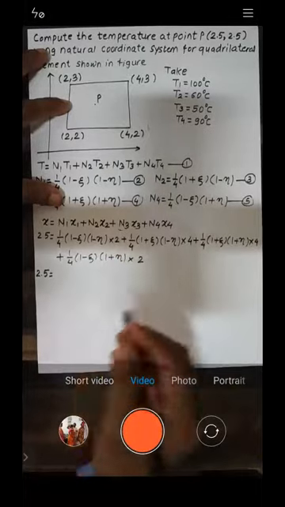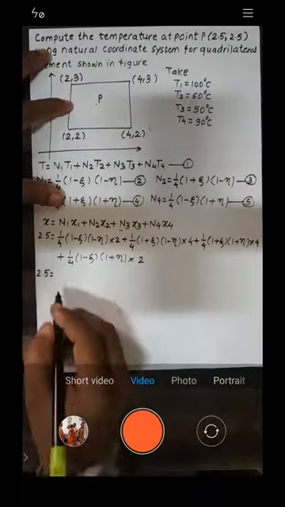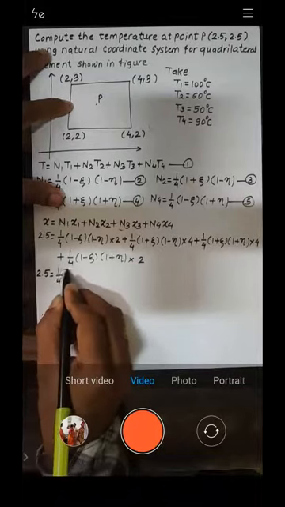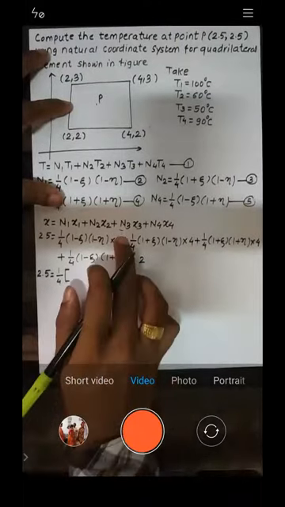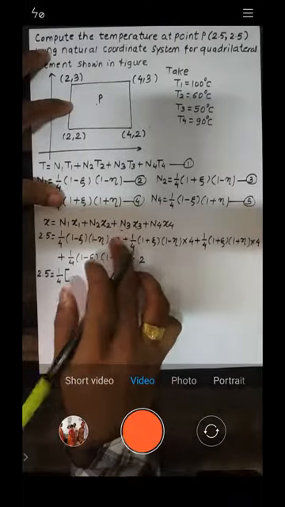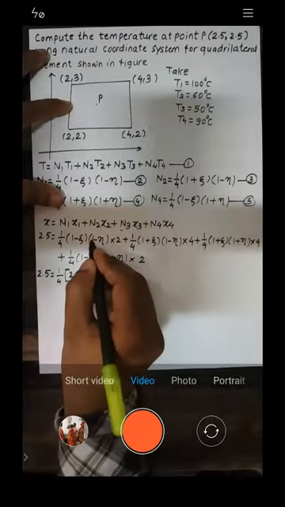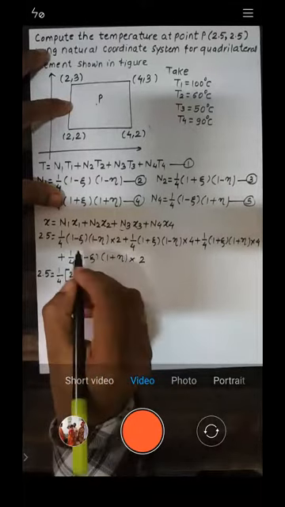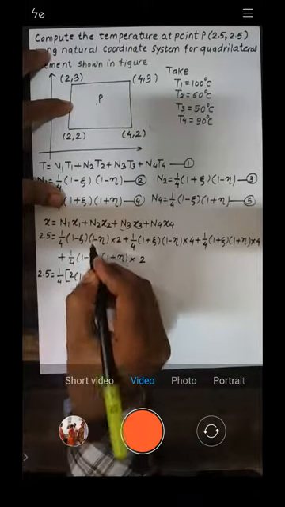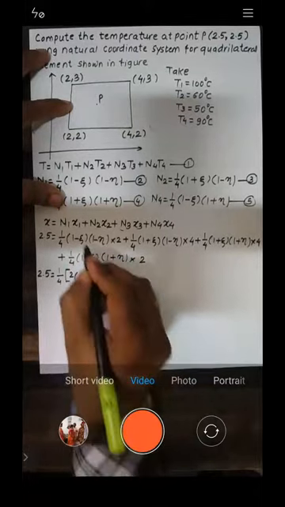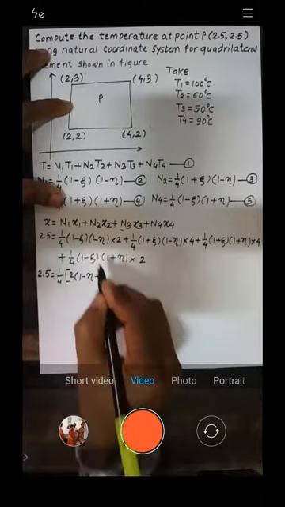If I take 1 by 4 common from all, what will I get? This 2 I will write down as it is. 2 into 1 into 1, it's 1. 1 into minus neta is minus neta. Minus zeta into 1 is minus zeta. Minus zeta into minus neta is plus zeta neta. Is it okay?